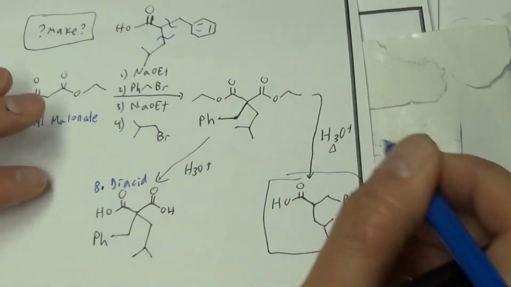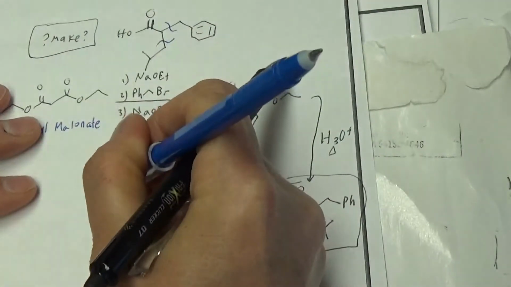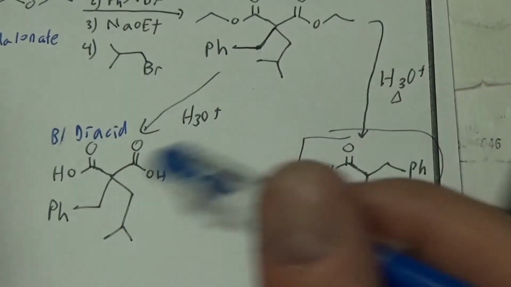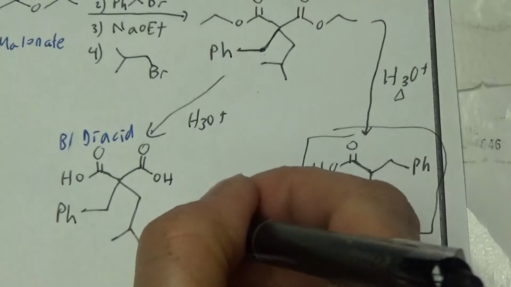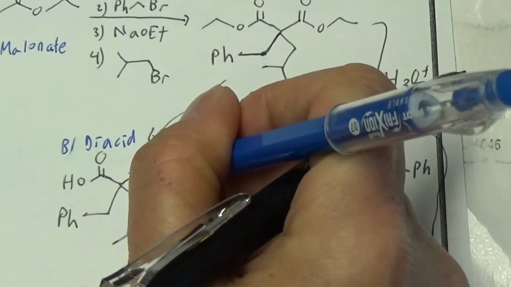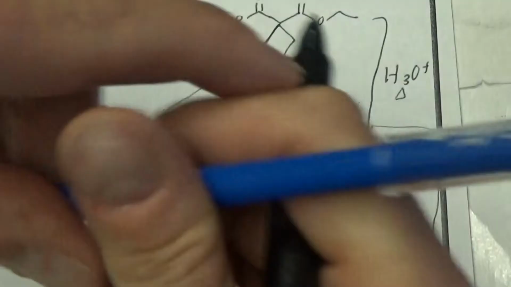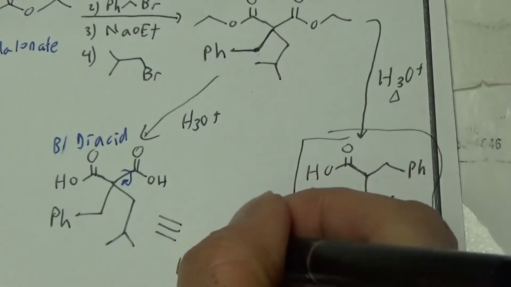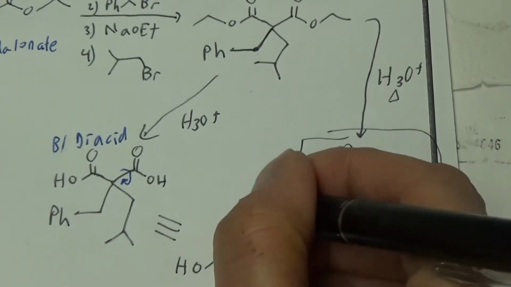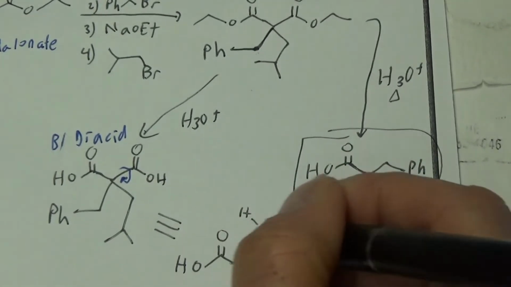Let's just review the mechanism of the decarboxylation one more time. So we just flip up one of the carboxylic acids. I usually just pick the right side one. Now you have a carboxylic acid flipped up.